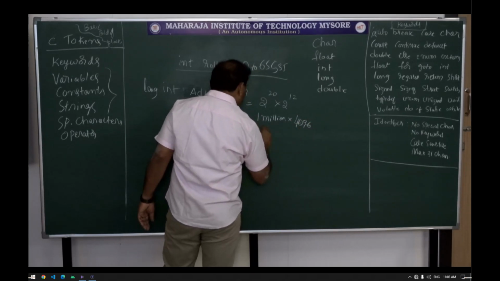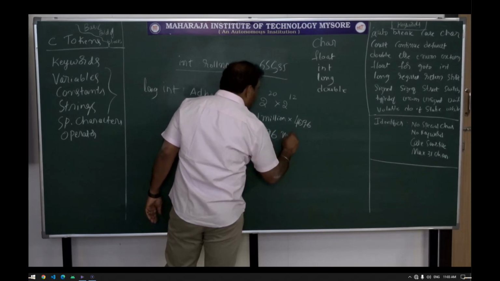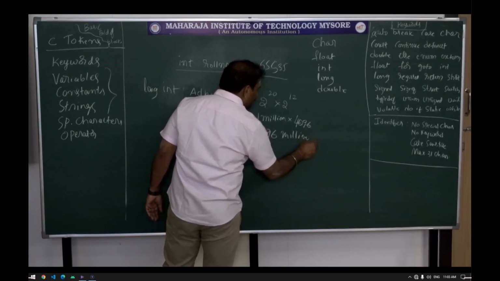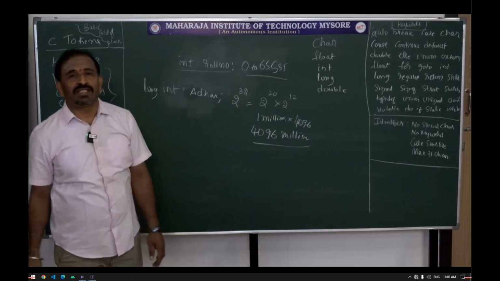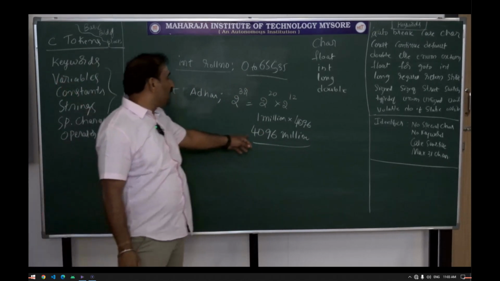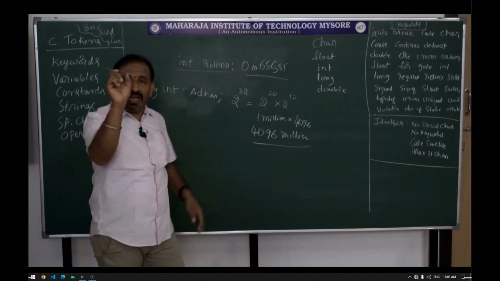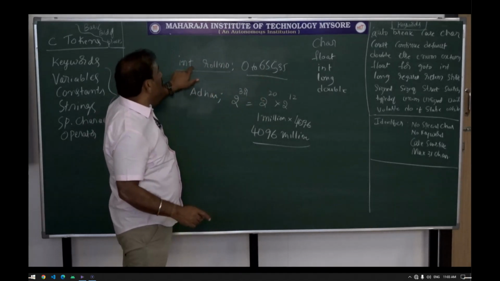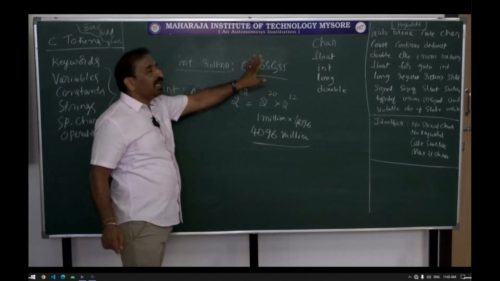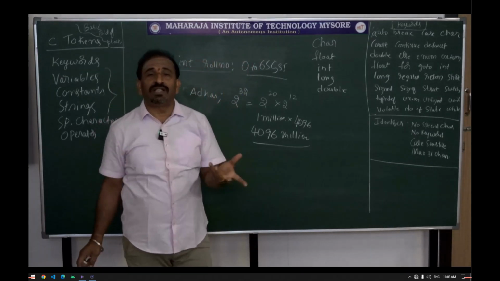So it can take 4096 million. Up to this it can take. Whereas if you simply call int roll number, it can take only up to 65,535.